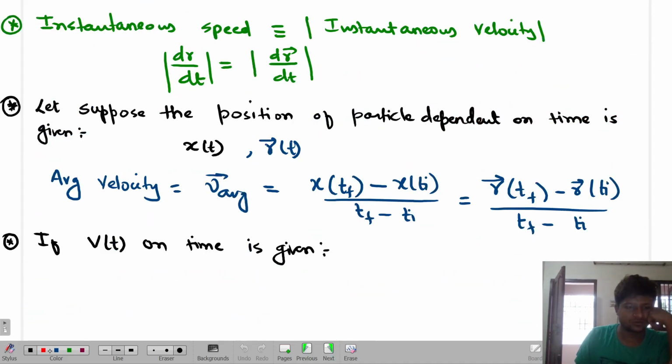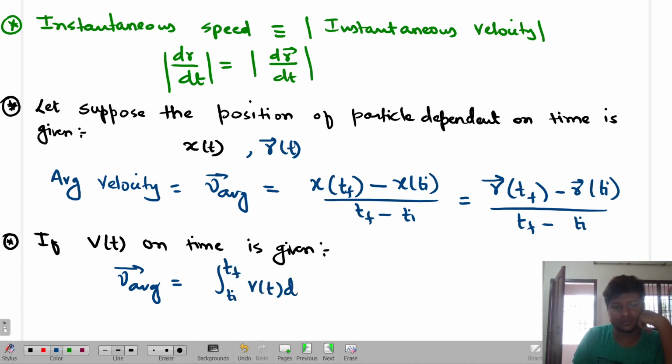But here there is no idea of finding the turning point. Average velocity, if velocity dependent on time is given, directly you do the integral from t initial to t final of velocity dt divided by t final minus t initial. Are you able to get me? Is this clear, guys? Okay. Can I move ahead?